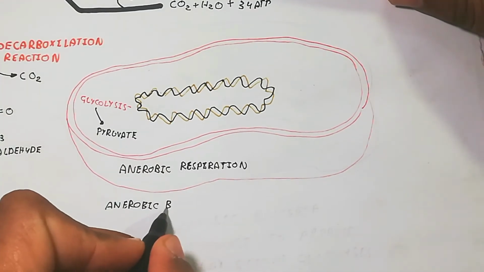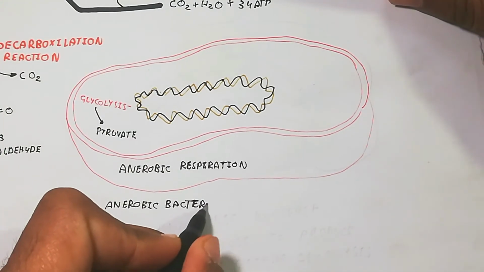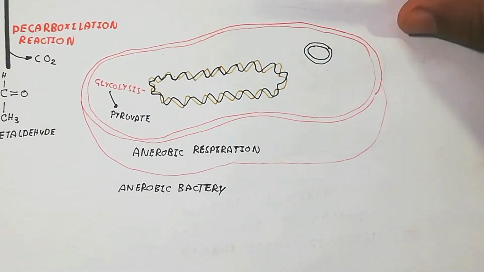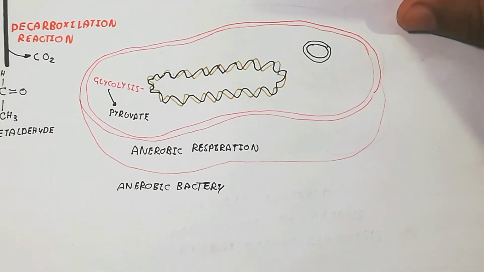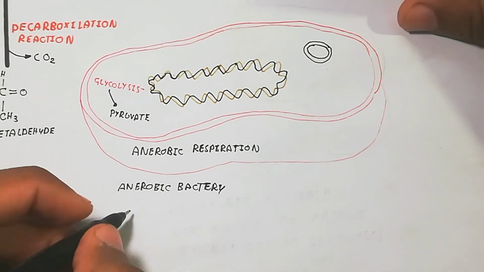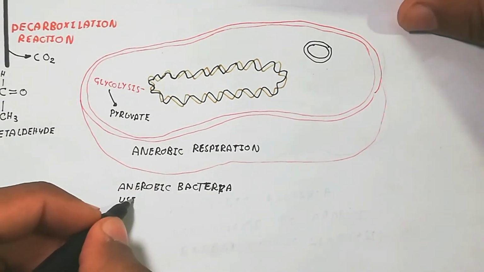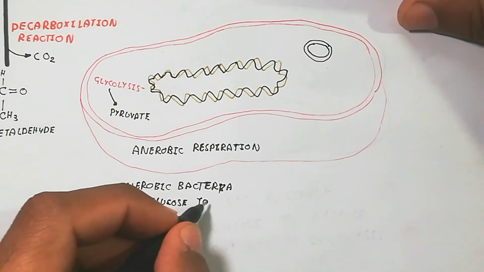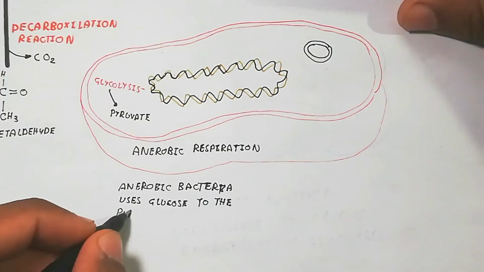The advanced cellular organism, which is a eukaryote containing a true nucleus, contains the Krebs cycle and electron transport chain. Here it is known as anaerobic respiration because oxygen is not required.